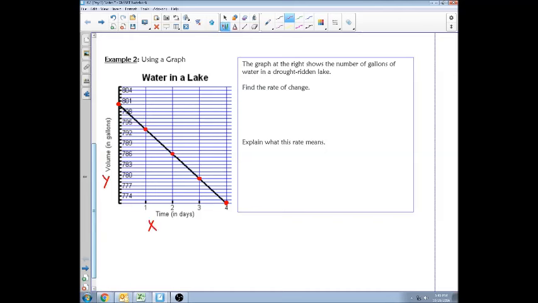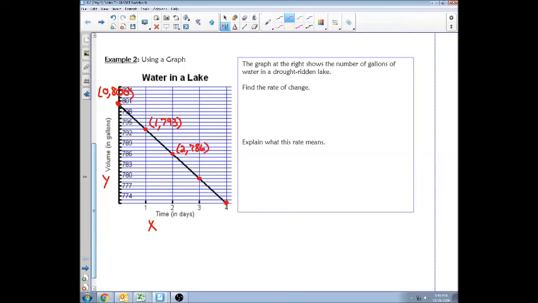So at this first point up here on the top left, my x will be 0, my y would be 800. For the next point there, my x would be 1, my y would be 793. For the next point, my x would be 2, my y would be 786.